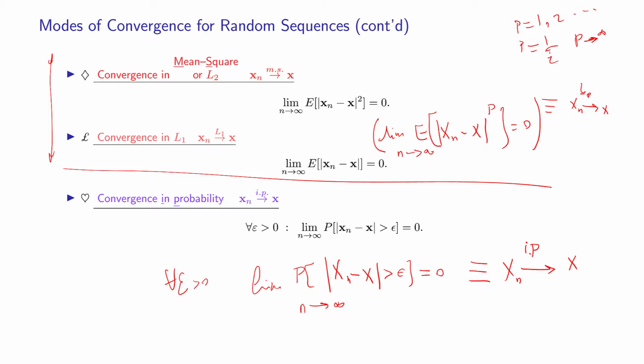That means that in probability, the distance between x of n and x cannot be large for any small number, for all arbitrary positive numbers. You could reduce this distance in terms of probability to 0.